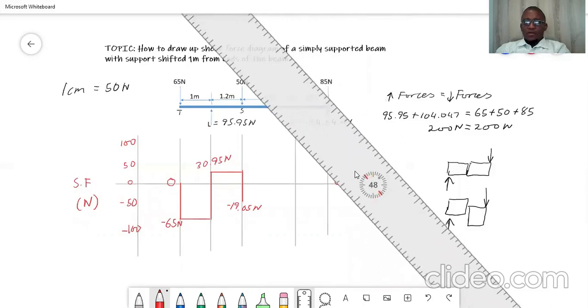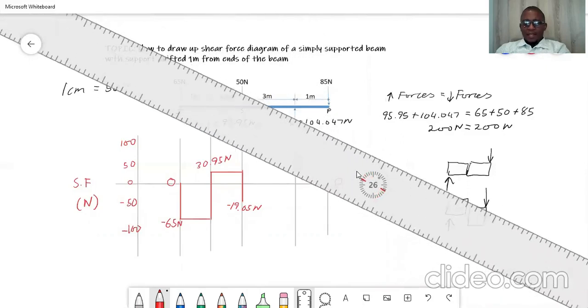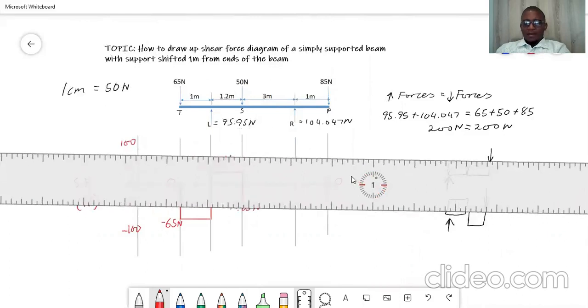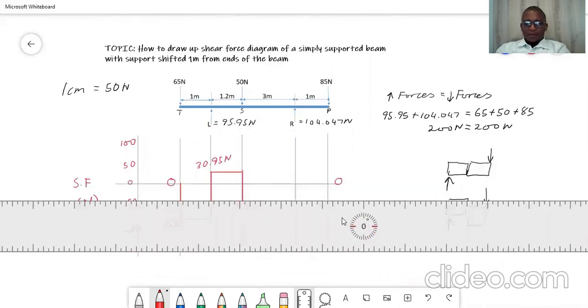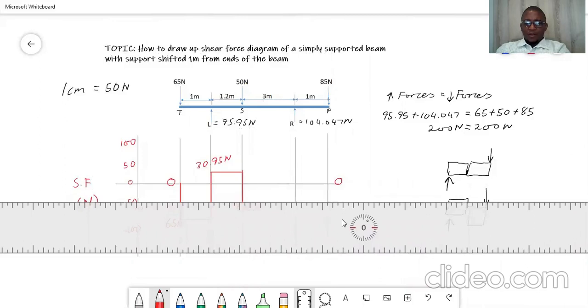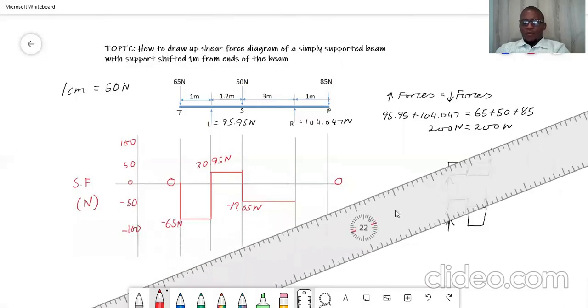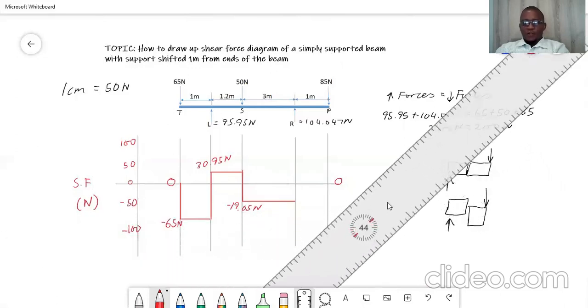So you can see between S and R, there isn't any force. So we are just going to draw the straight line from this point to R, from S to R. That's it. Then when you get to R, there is a force of 104.047.